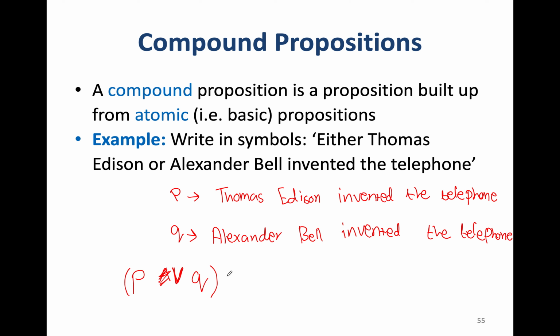However, they cannot be both. So P or Q and not P and Q. This represents the word either. They are not both. Either Thomas Edison or Alexander Bell.